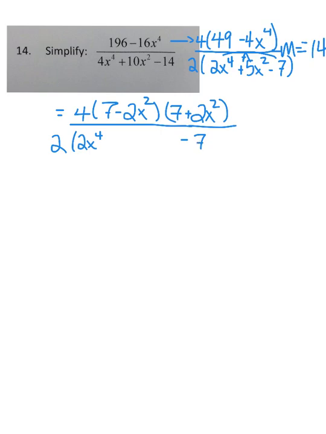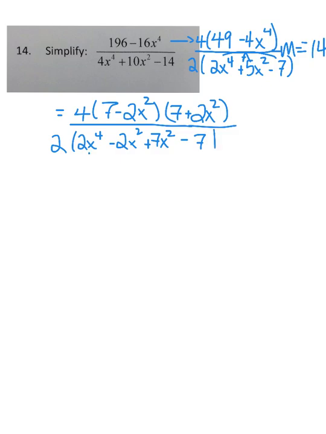All right, so what multiplies to negative 14 and adds to 5? That would be a negative 2x squared and a plus 7x squared. Now remember I'm writing x squared because we look at whatever the variable is of that middle term, and that's what we write next to each of those numbers. Okay, so don't forget that.